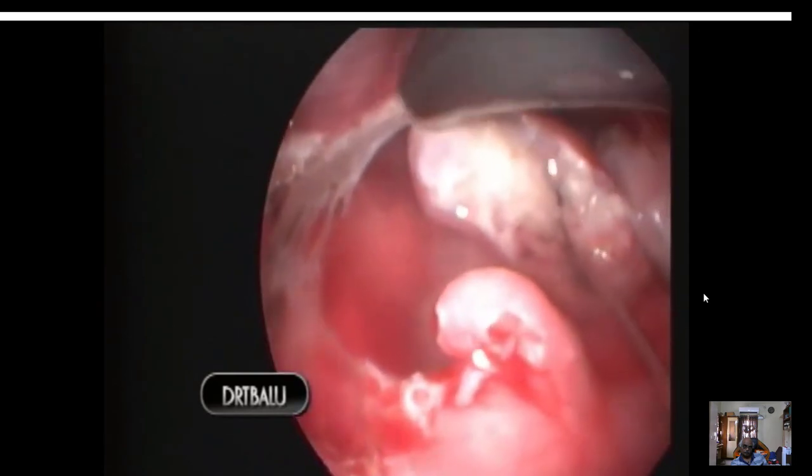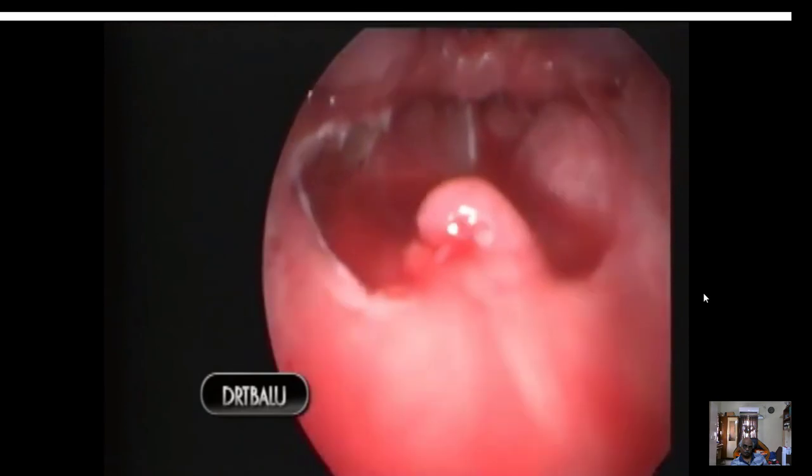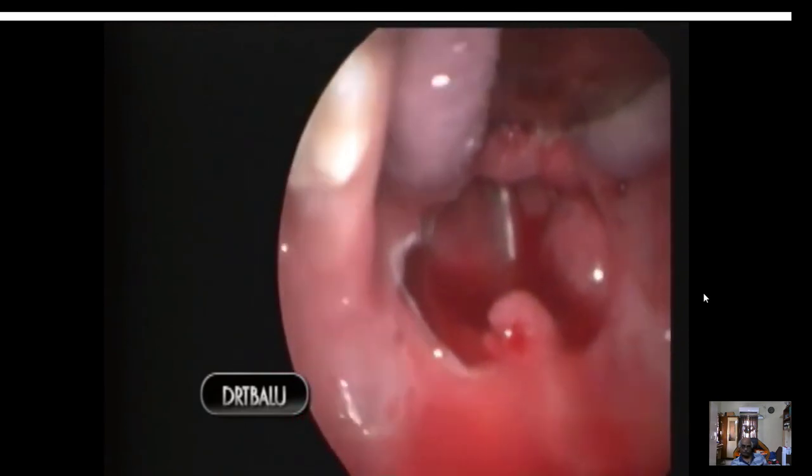So the tonsil is totally removed. How close to the tongue I'm working, you see. Surgery is over.